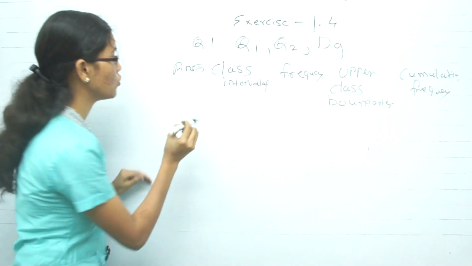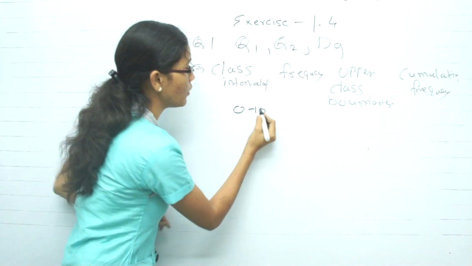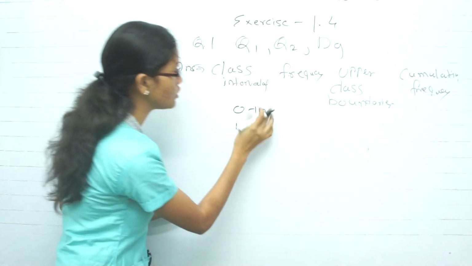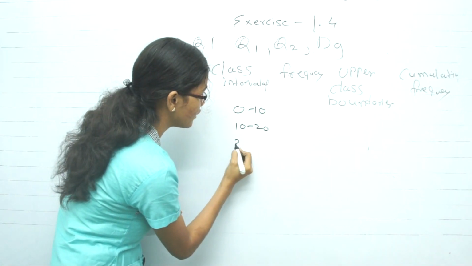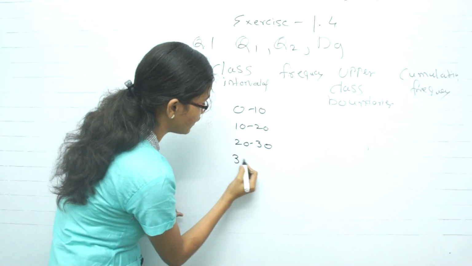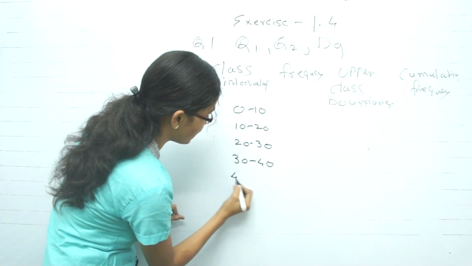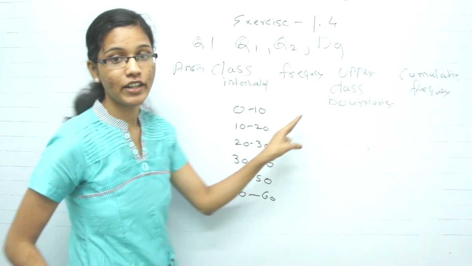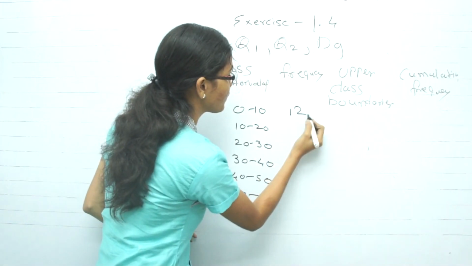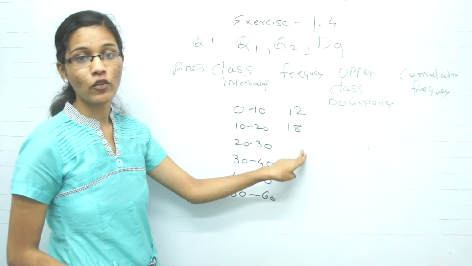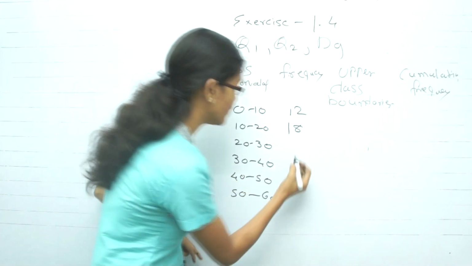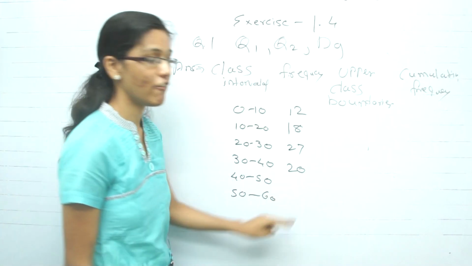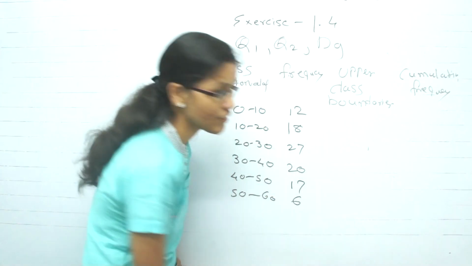So first, the class intervals given in the question paper are 0 to 10, 10 to 20, 20 to 30, 30 to 40, 40 to 50 and then 50 to 60. And the frequencies are 12, 18, then 27, 20, 17 and 6.